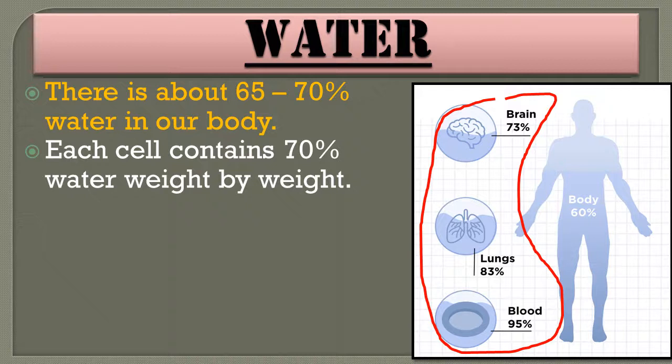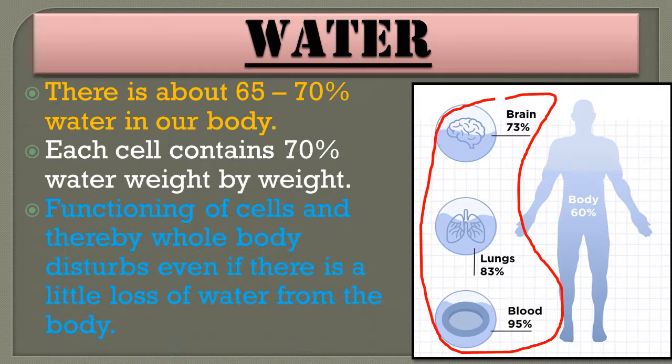Blood plasma also contains 95% water. The functioning of cells and the whole body is disturbed even by a little loss of water. In case of dehydration, loose motion, or fever, water percentage in our body will be less, which is very dangerous.